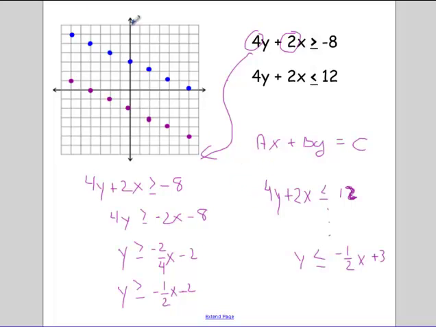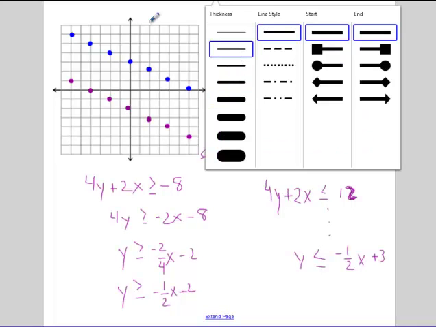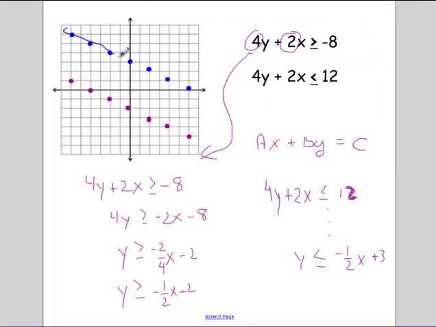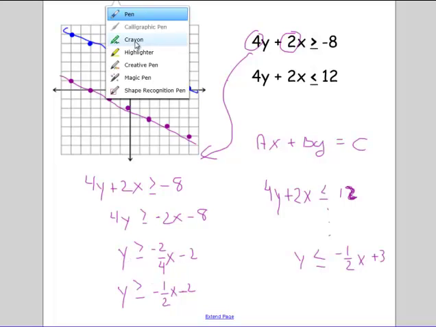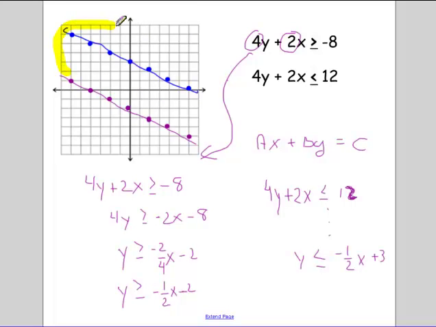Now I really should fill those in because those are the inclusive sign. So give me a second here. This boundary line will be solid, and this boundary line will also be solid. Now the one on the bottom is this one, and its y is greater than, so it is shaded above. So it would be all this, above that purple line.